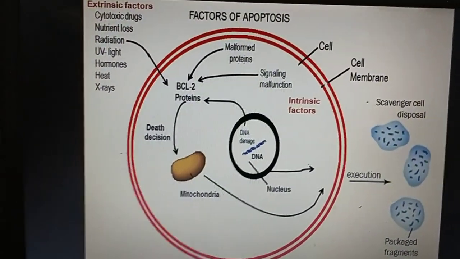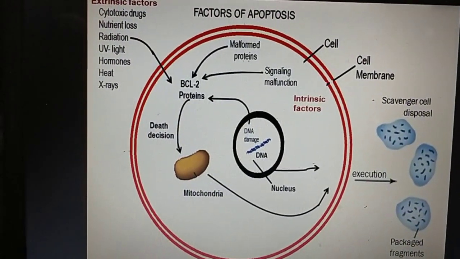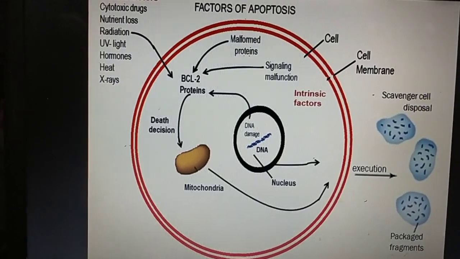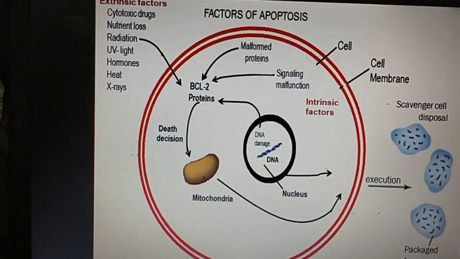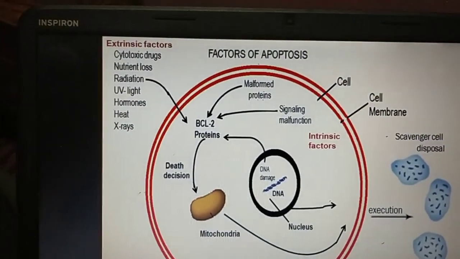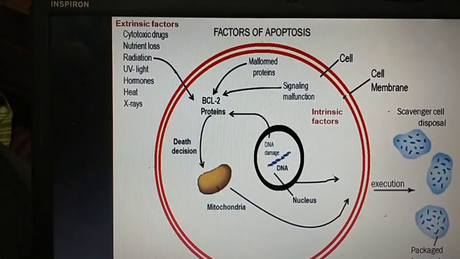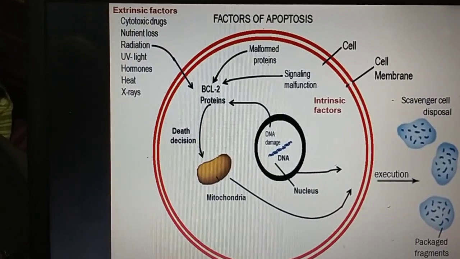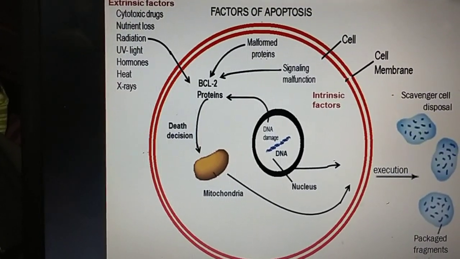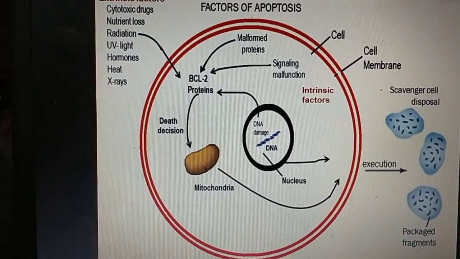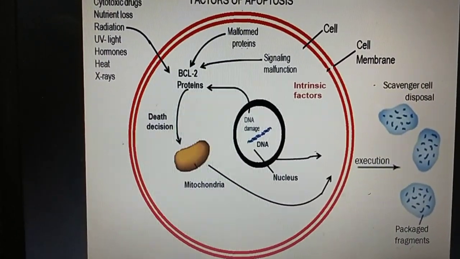The extrinsic factors are cytotoxic drugs, nutrient loss, radiation, ultraviolet light, hormones, heat, X-rays, etc. These extrinsic factors impact the BCL2 protein, and the BCL2 protein is produced from nuclear DNA by the process of translation.